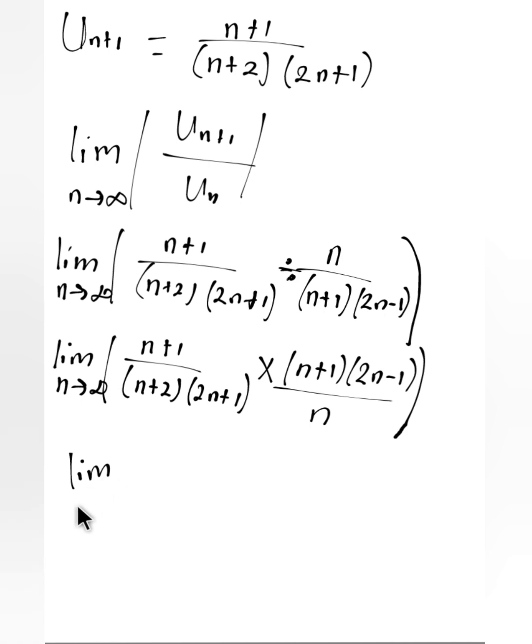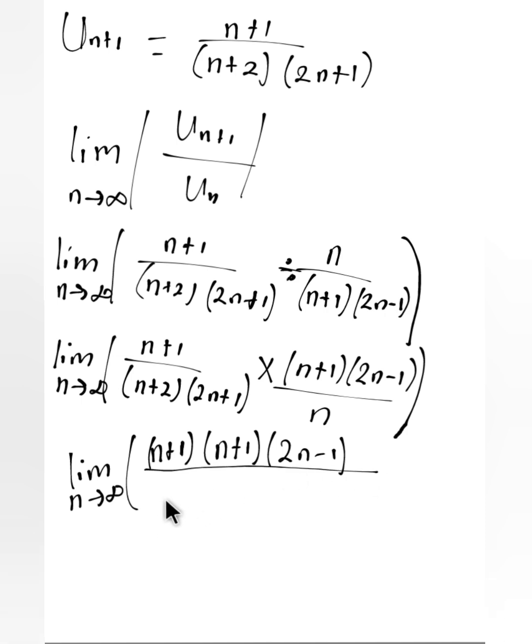The limit as n tends to infinity of n plus 1 into n plus 1 into 2n minus 1 all over n plus 2 into 2n plus 1 into n. The truth is, it will be really lengthy because we need to expand the brackets. So we'll take it one after the other.